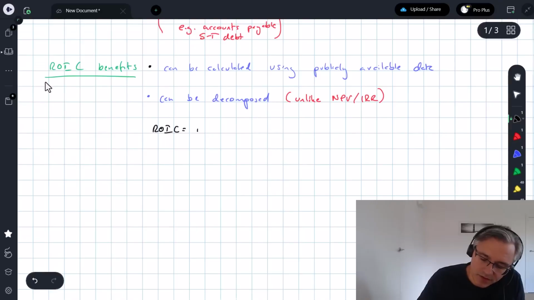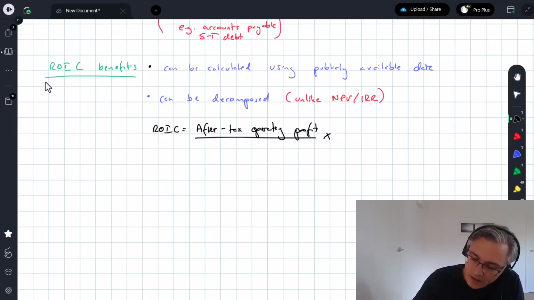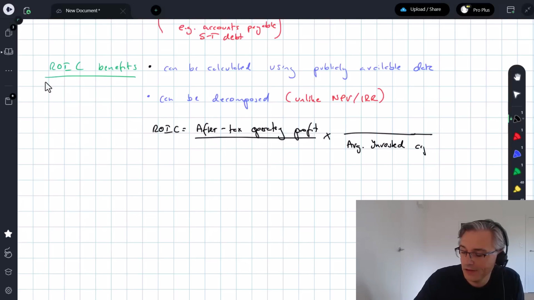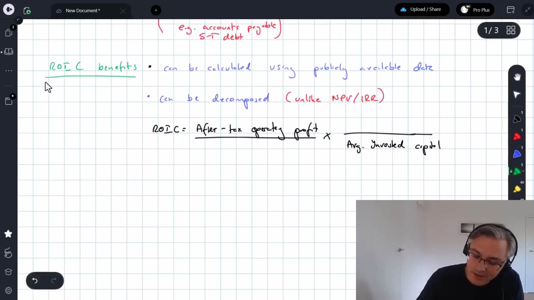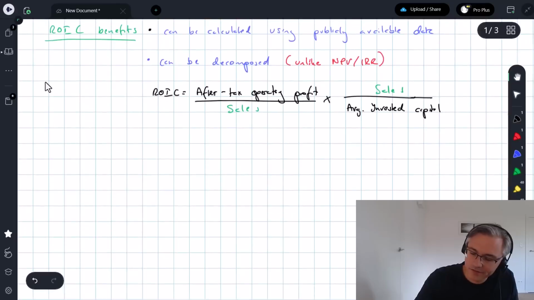So what your book proposes is, let's have after-tax operating profit up here in one fraction, and we're going to multiply it by another fraction where I'm going to have average invested capital in the denominator, and I'm going to have sales over here and sales over there. So as you can see, the sales can easily be cancelled out. So what you have effectively is a decomposition of return on invested capital into two sub-ratios.